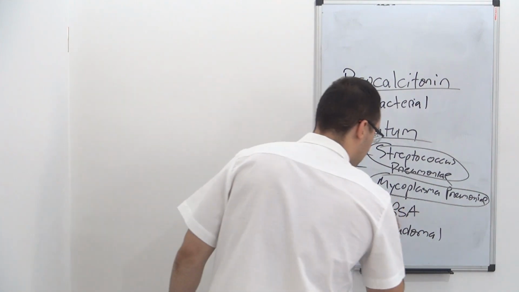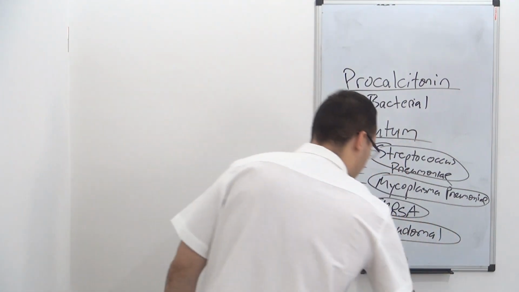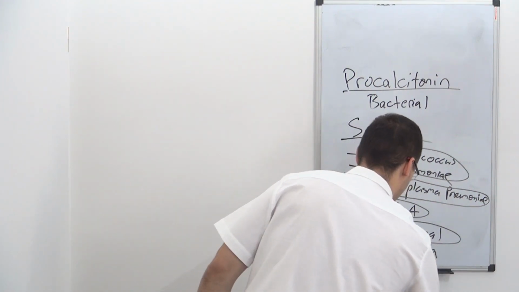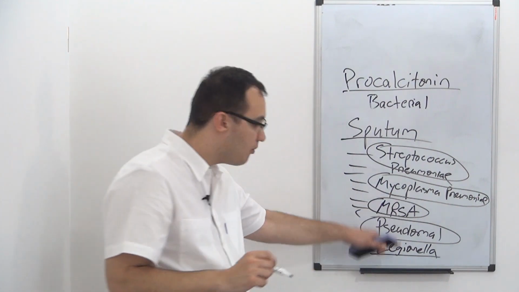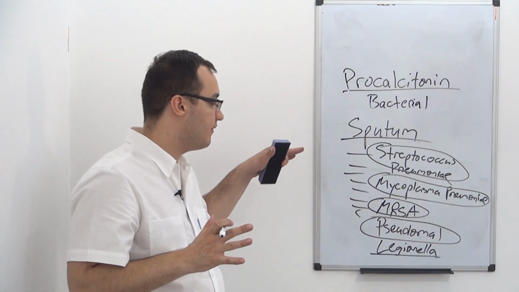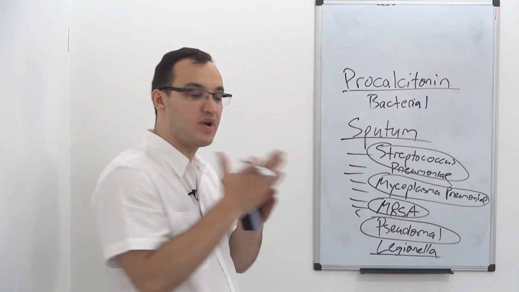So MRSA and Pseudomonas are very dangerous. We also have Legionella. These three are more dangerous ones, and they are very important to detect, so we can direct the treatment against these specifically.